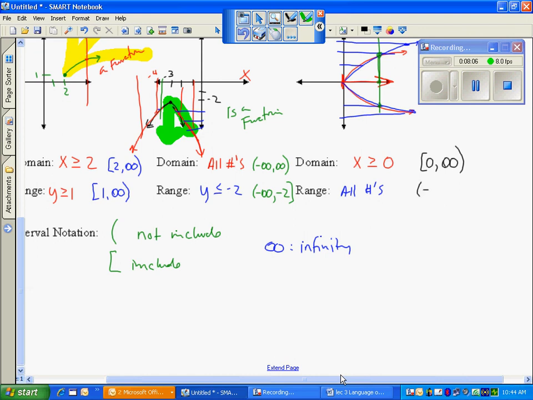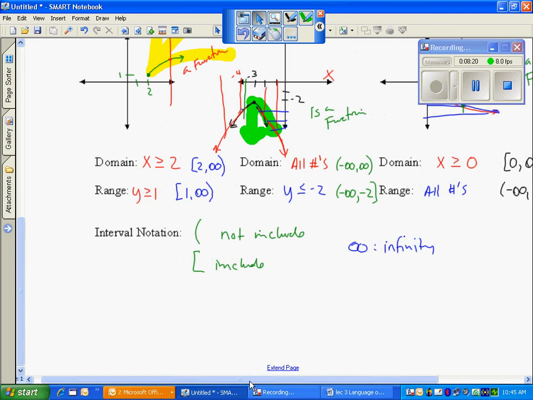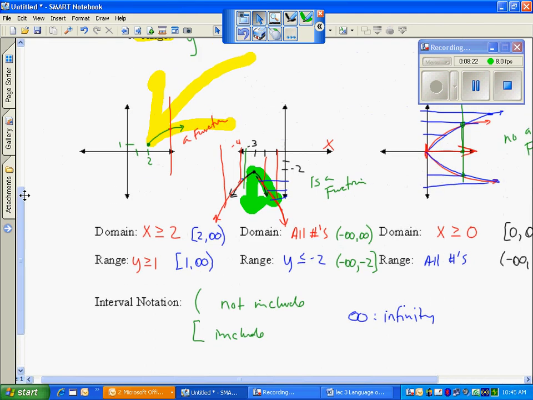So there's two ways to write my domain and range. One is called interval notation, and the other is using an inequality. Domain and range are nicely found from a graph. When I'm looking at domain, I always ask myself about left and right. Is my function headed to the left, headed to the right? Notice this function stopped at 2.